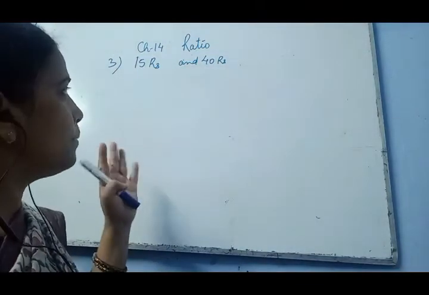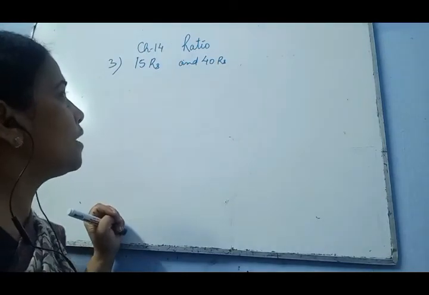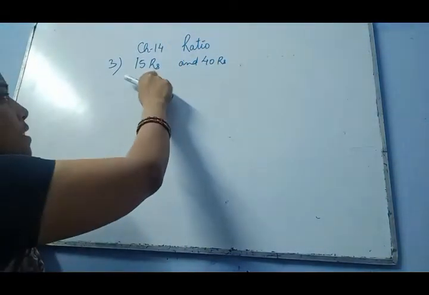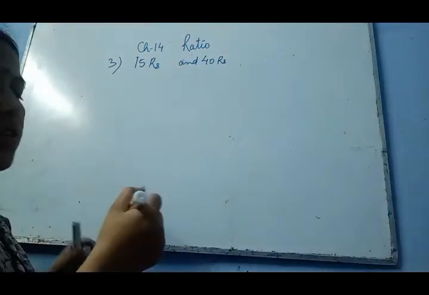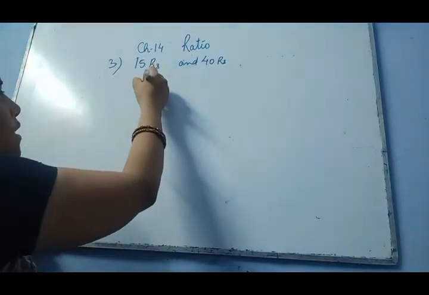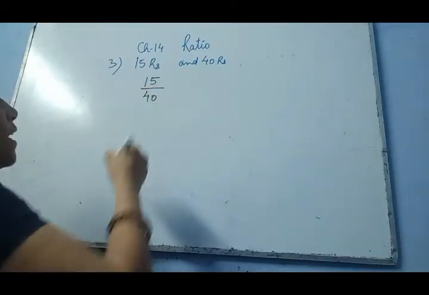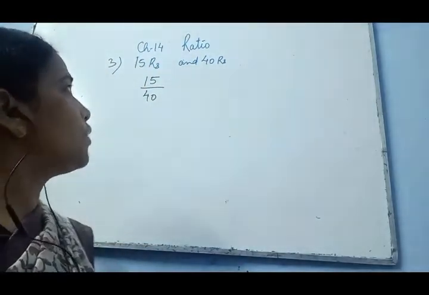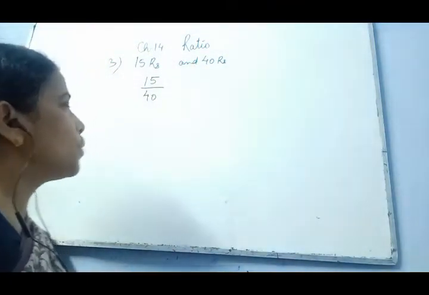We will check whether both have the same unit or not. Yes, they have the same unit. This is rupees, this is also rupees. So no need of converting, we will only write 15 divided by 40, because we find the ratio by division.